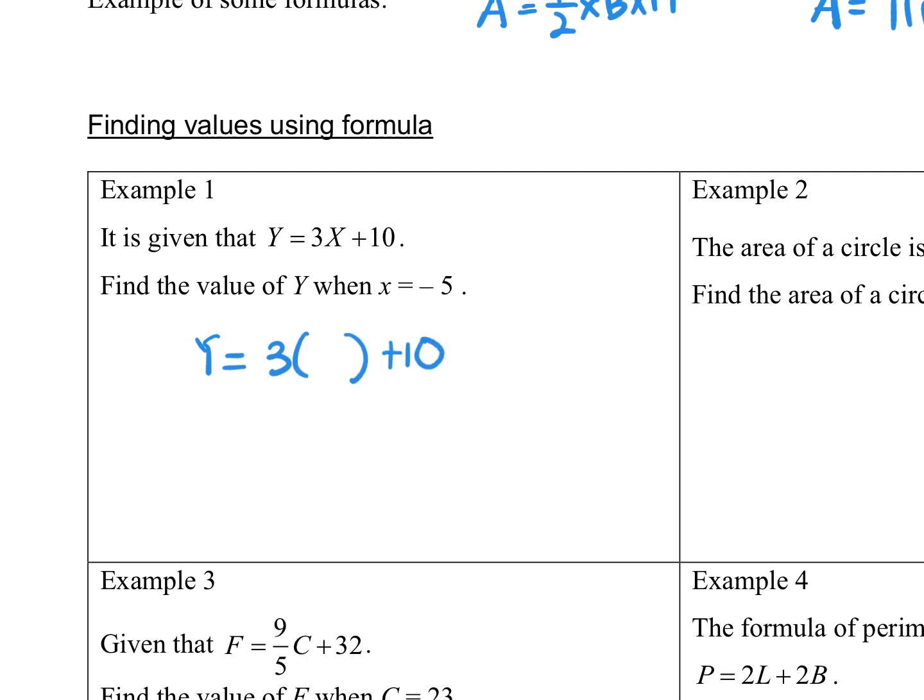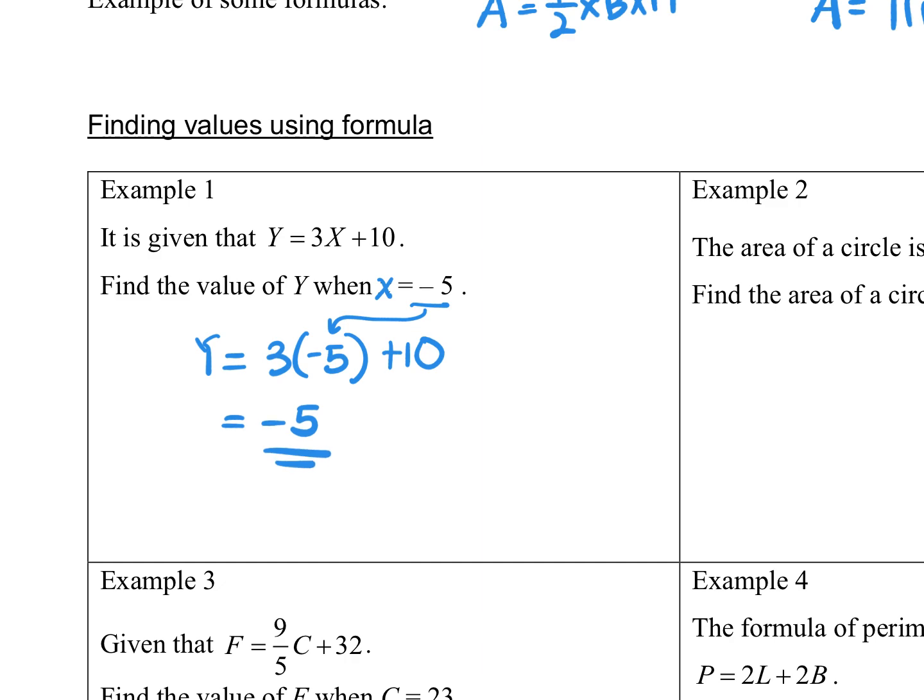The x value, this one's supposed to be capital X, is now negative 5. So I'm going to substitute x equals to negative 5 into the formula and then calculate out the answer. So 3 times negative 5 plus 10, and that will give me the number negative 5 as the answer.